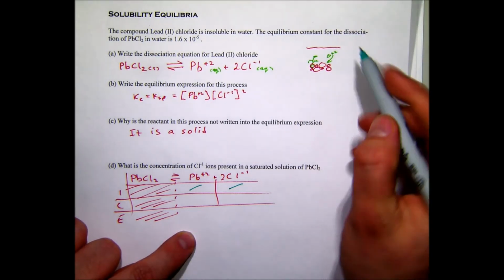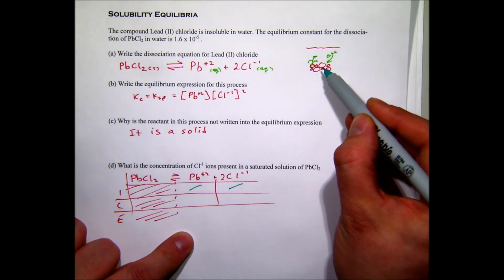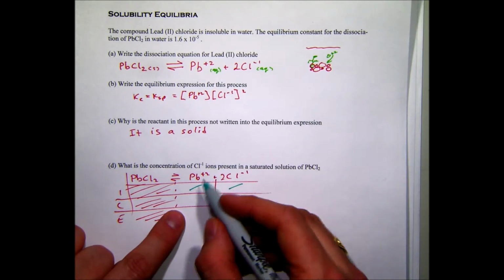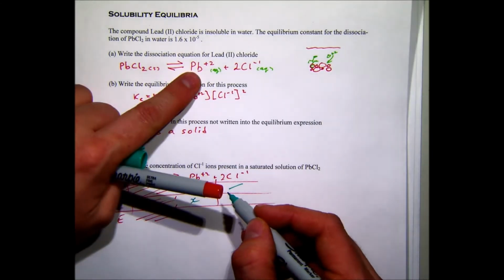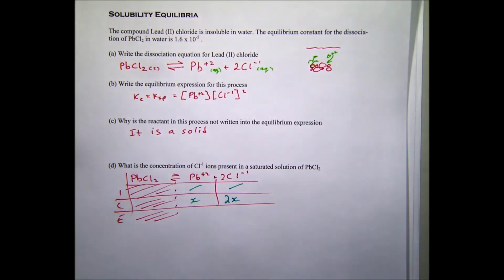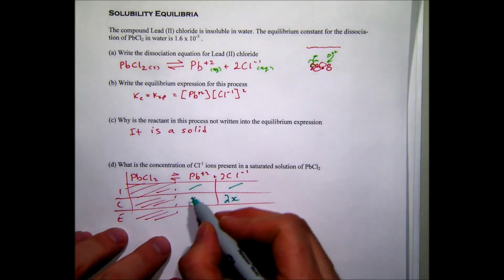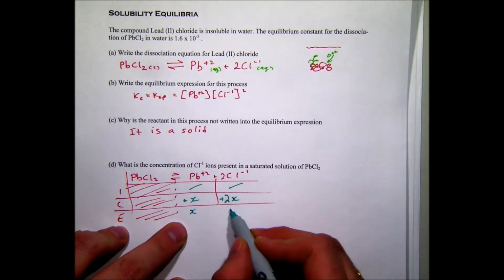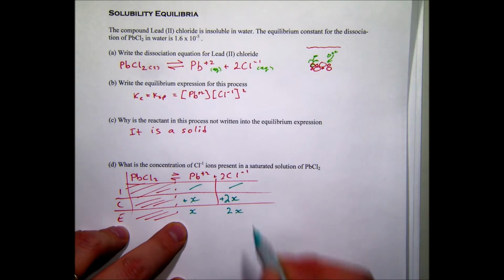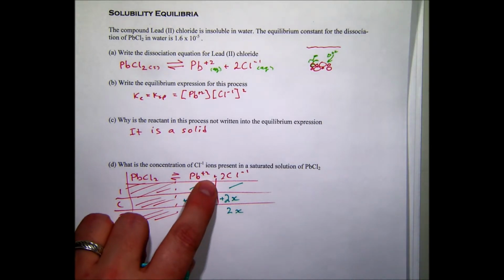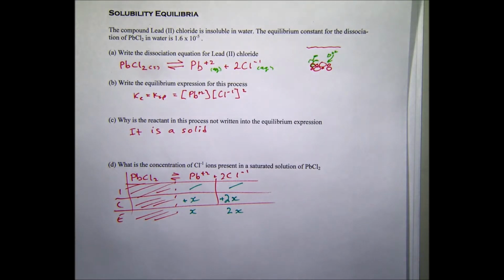So we've dissolved some of this lead chloride in solution, and now it's starting to form ions. Well, the stoichiometry says that for every 1 mole of lead, there must be 2 moles of chloride. So we know that these are being produced, so they're positive, and we write x and 2x in our equilibrium line. Starting from 0, so plus x, starting from 0 plus 2x, and I think we should be good to go.